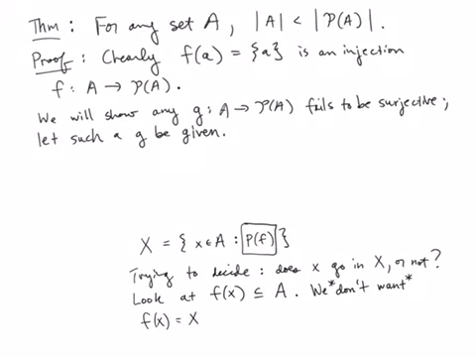In other words, we want f of x, this subset of A, to be not equal to the set we're trying to construct, capital X. And so the basic idea of how to make the set f of x and the set that we're constructing, capital X, not be equal is to make them disagree about the membership of this little x that we're looking at.